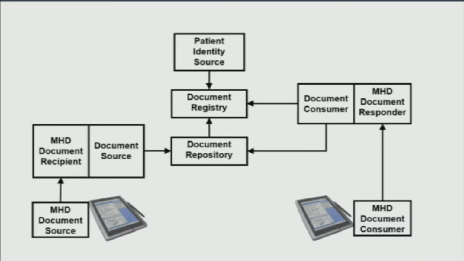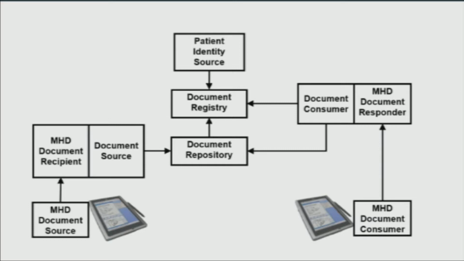So for those of you who know XDS, you kind of recognize XDS in the middle of this diagram. MHD just simply adds these little APIs at the ends, right? So using FHIR as an API to a backbone which is XDS based. You don't need to change the backbone, you just need to change the accessibility. Do you have one of these per health information exchange?